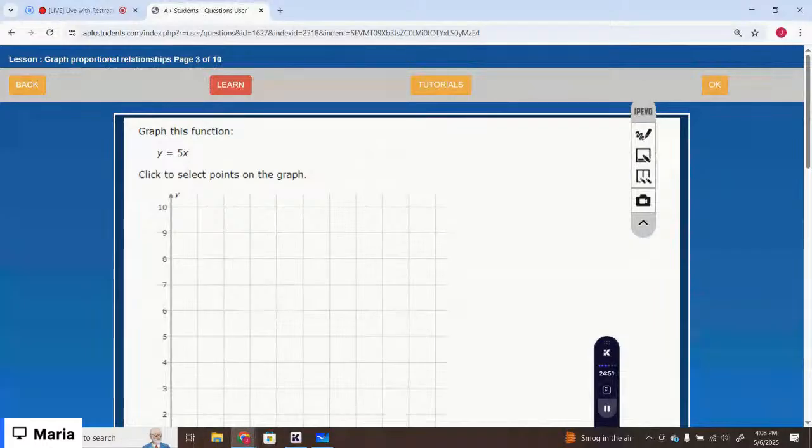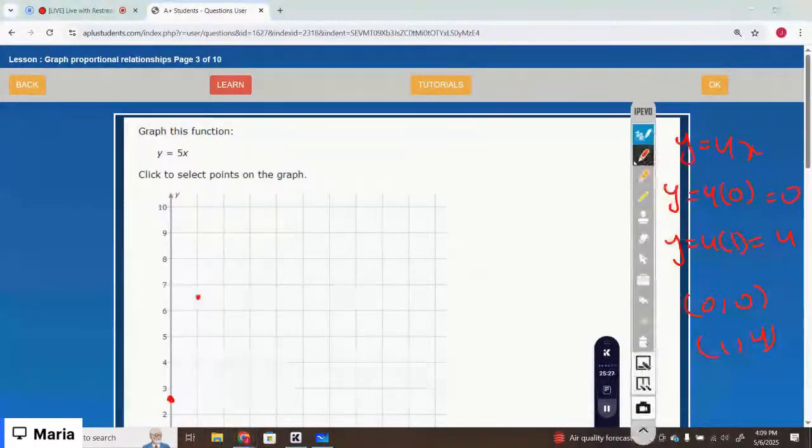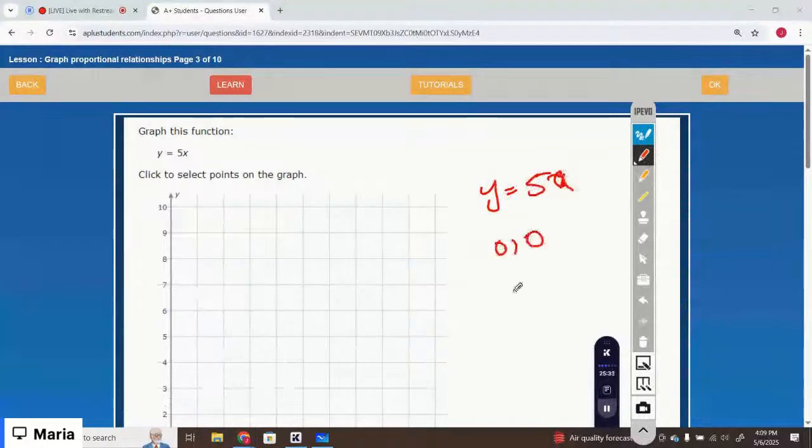Graph this function y equals 5x. So that means when x is 0, y is 0.